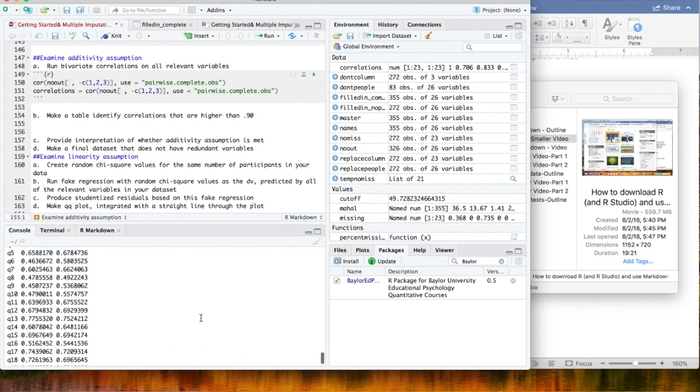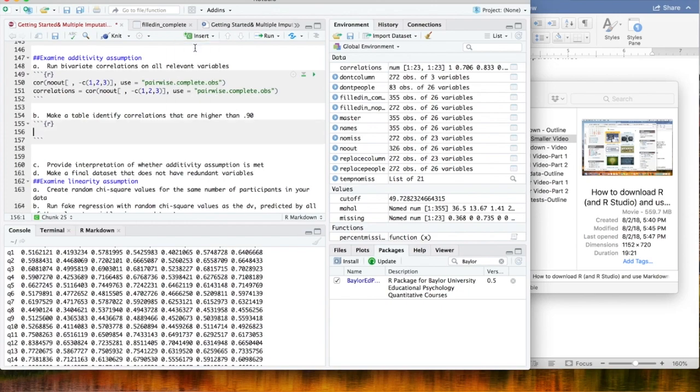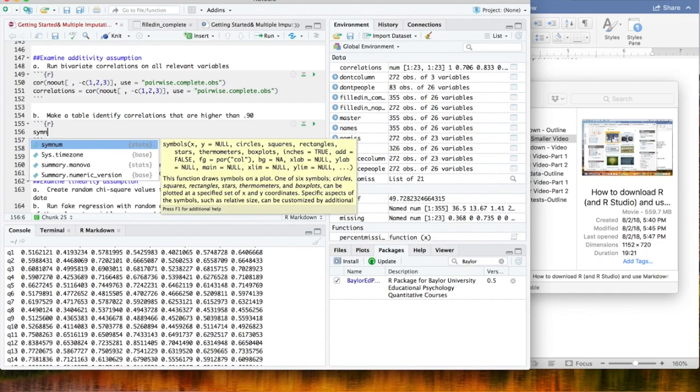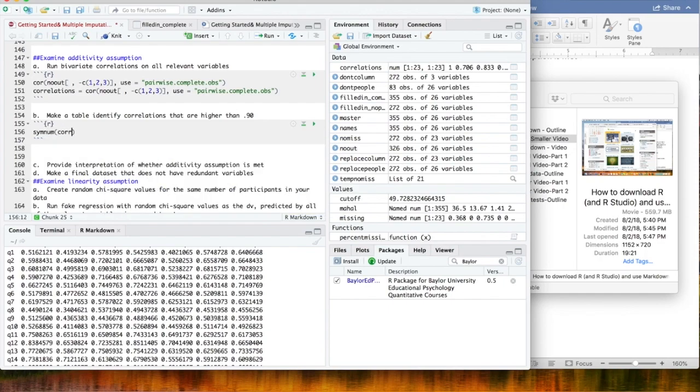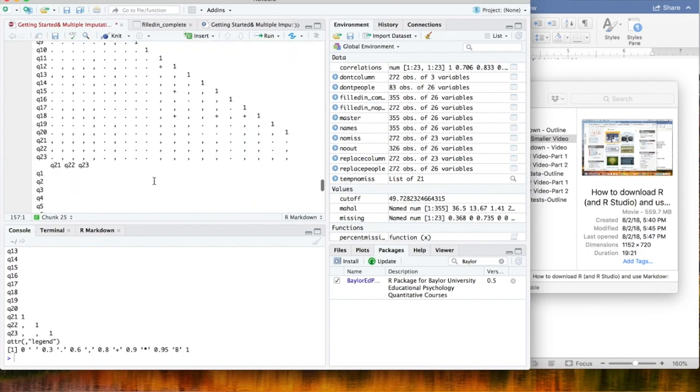As you can see, it's really hard to figure out what's 1 and 0.9 and 0.95, so let's just have the computer do it. To make a table to identify correlations that are higher than 0.90, we use symnum, for symbols for numbers, on the correlations that we just made. Okay, so how do you interpret this?